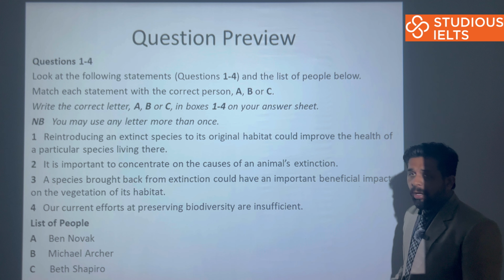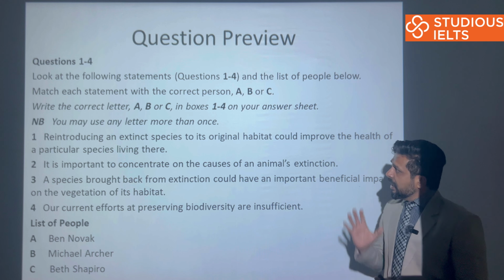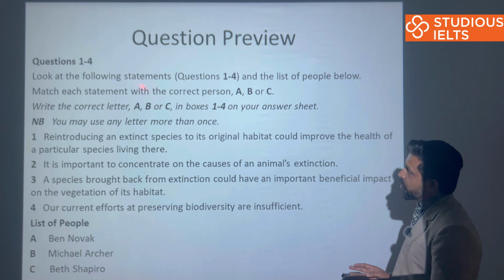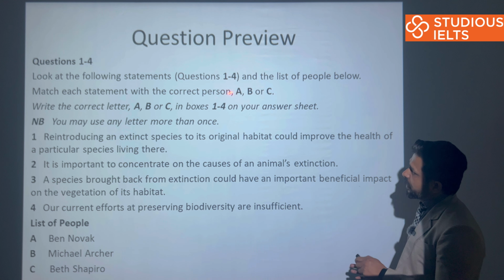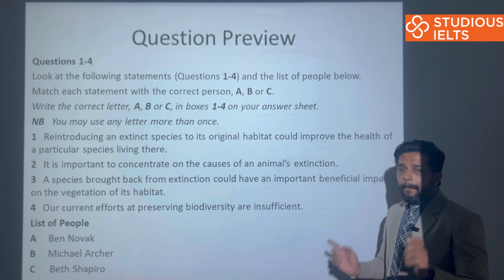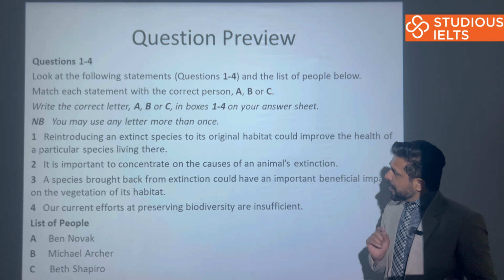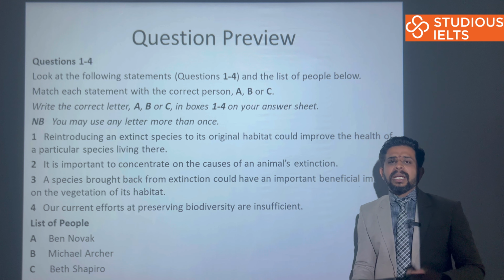Before we solve the questions, please remember to read the instructions. In the first part, it's very simple: they have told us that we have to match the statements with the correct person who has talked about it. But the most important part is NB. NB means you can use these options more than once.